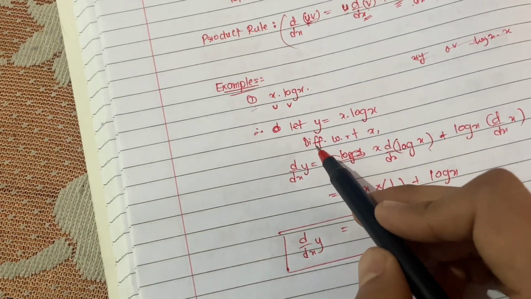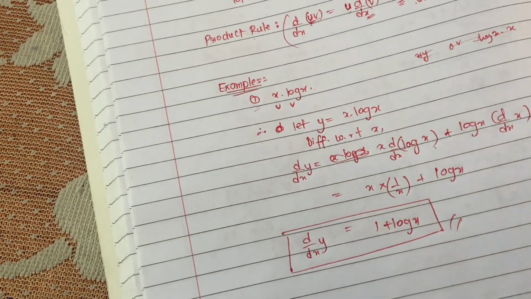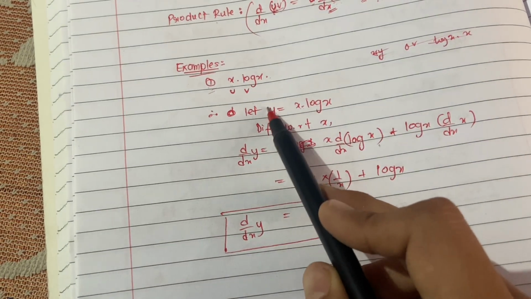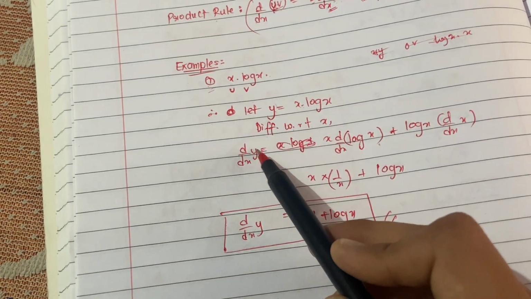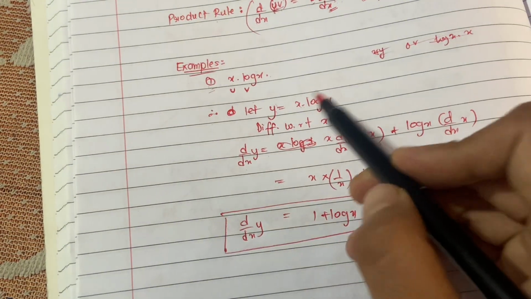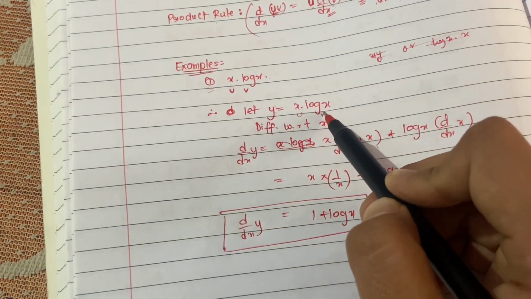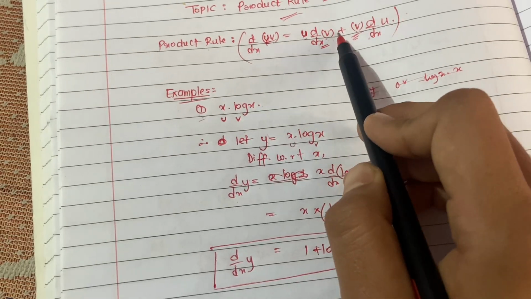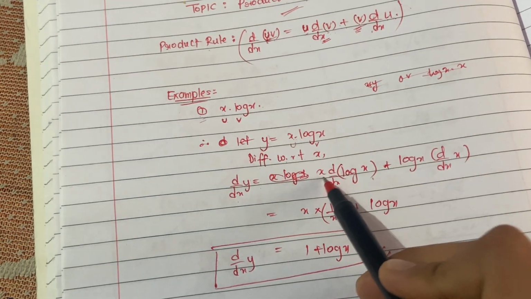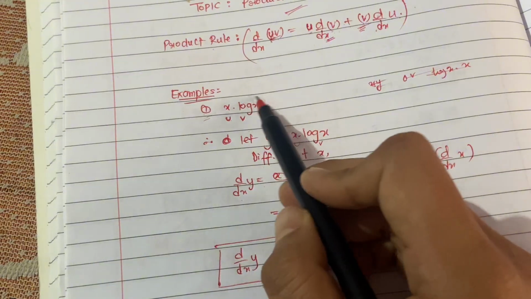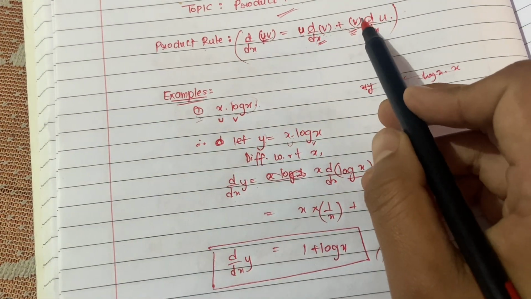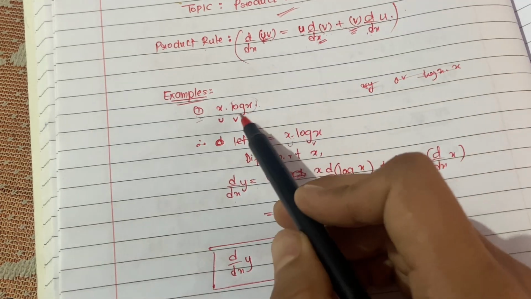Now differentiating with respect to x. If we differentiate y, we get dy by dx equals, now this is u, this is v, so we will directly apply the formula, that is u d by dx of v. We have u here, u d by dx of v, we have assumed this as v, so plus v d by dx of u.